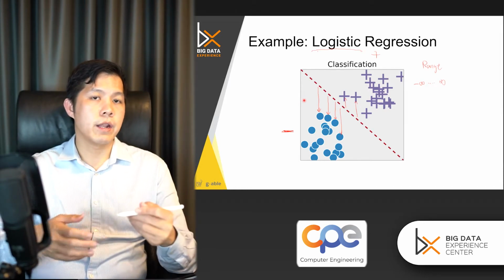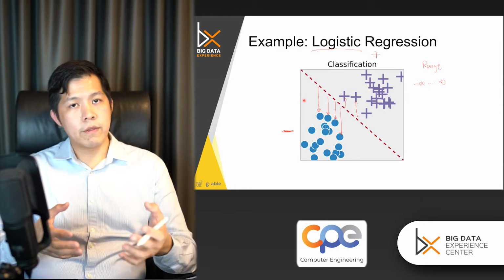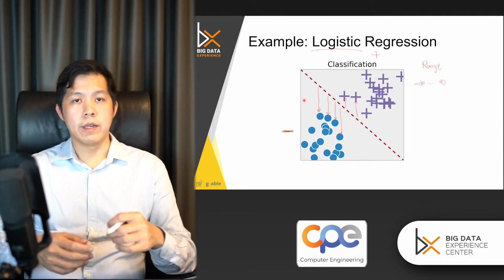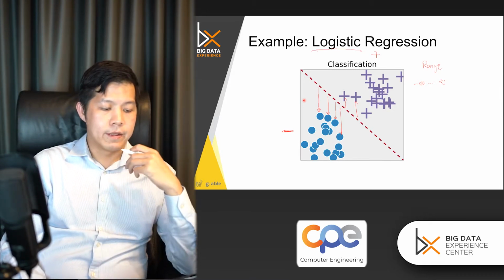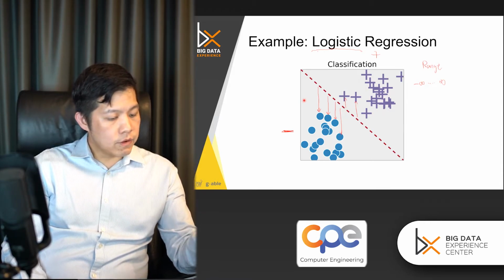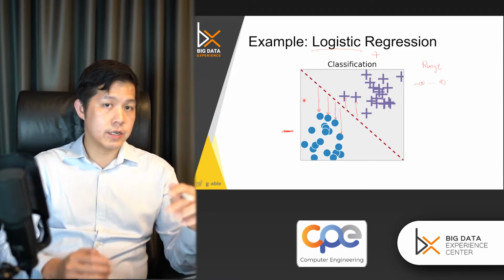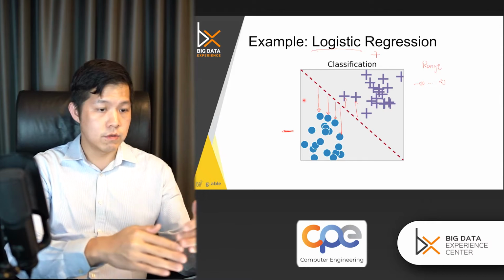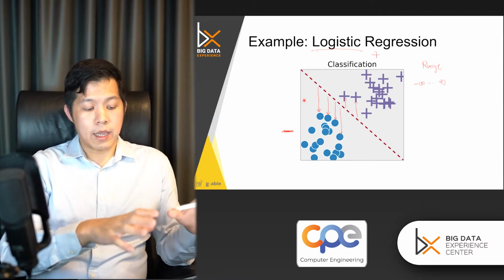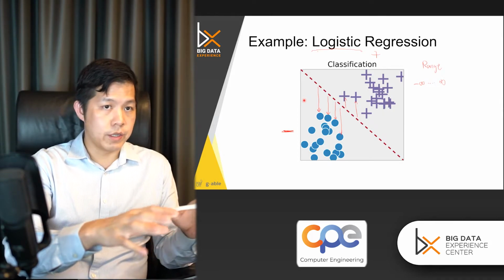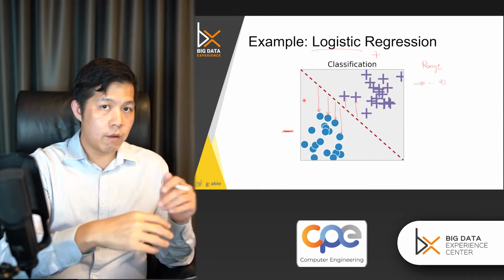You want to explain the chance that one thing would happen, like throwing a coin and getting heads, as a probability. But if you look at the regression, it reduces things to a line, and you are trying to tell whether a point should be above the line or below the line.